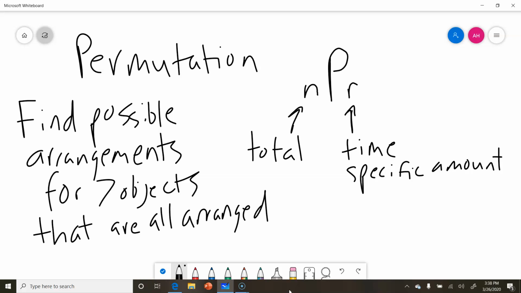What that means is that you have 7 objects and all, which is also 7, are arranged. So in this case, the total is 7, so we put a 7 where the n is. We keep the P, that one never changes. And then how many, the specific amount? Also 7. Now, what does this equal? That equals 7 factorial. Hey, we know how to do that, right?